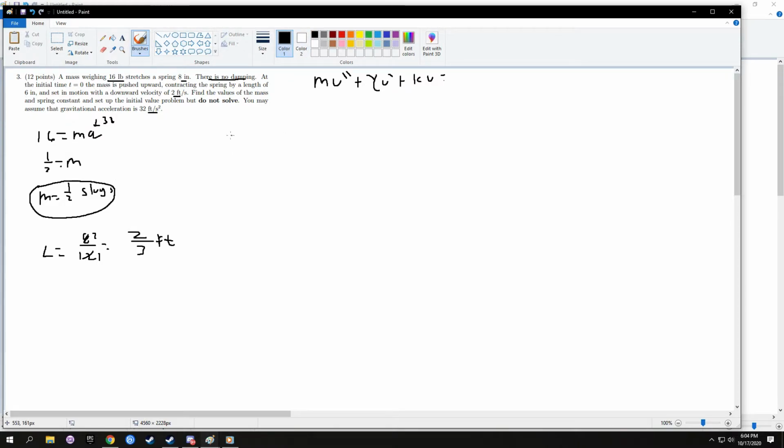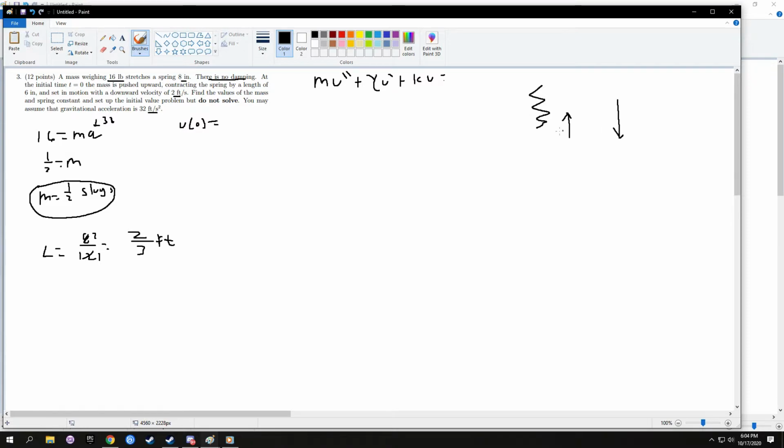Also, I want my initial conditions. So how do I figure them out? It says at initial time t, when u is 0, the spring is contracted, so the mass is pushed upwards. We always take positive as down, so I'm pushing it up and the initial position must be negative.